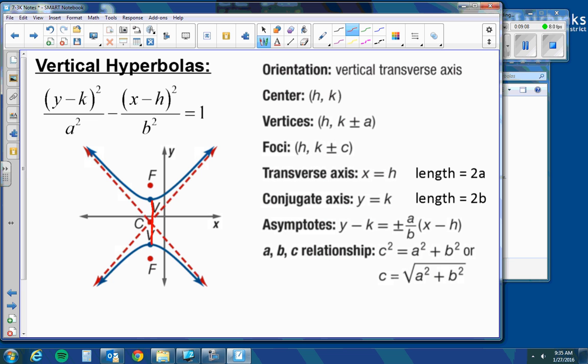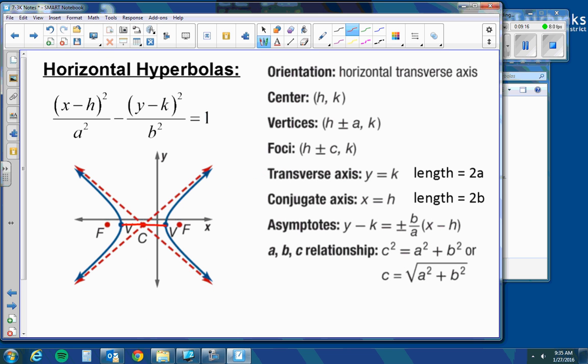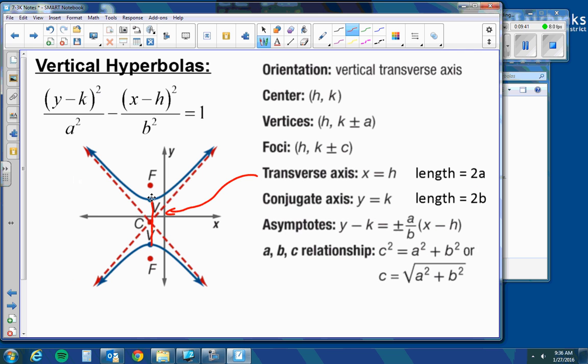I'm saying that would be the transverse axis, and I'll just label that since that would suffice. The other one's the conjugate. The transverse goes from vertex to vertex, which is why it's 2a in length, and the conjugate goes the other way. If it's a horizontal hyperbola, then the transverse is horizontal. Vertical hyperbola, the transverse is vertical. Okay?